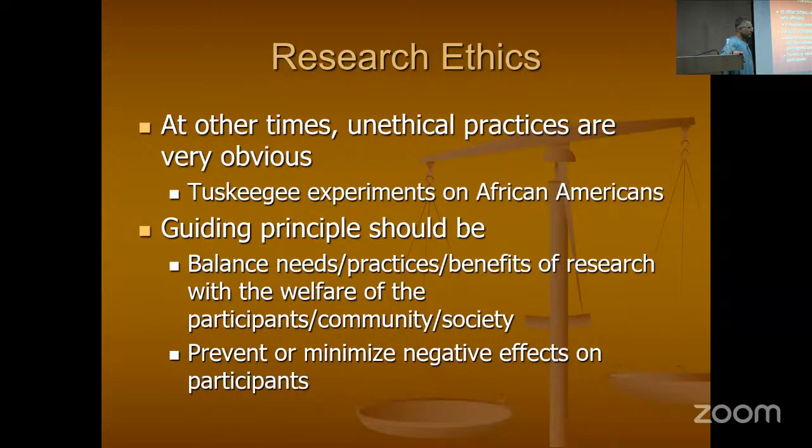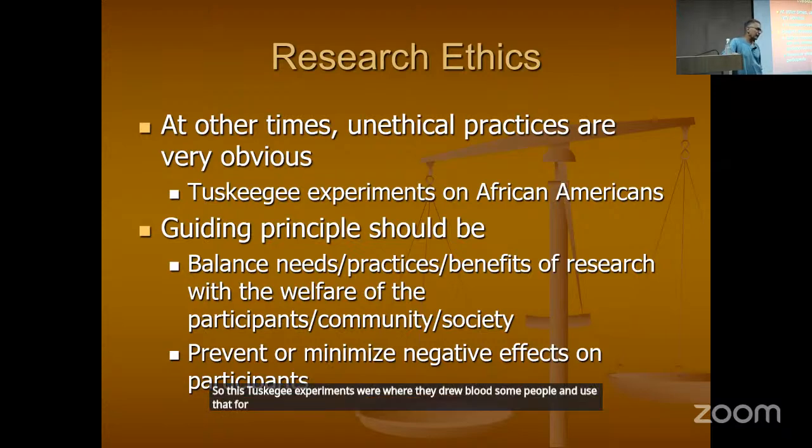So these Tuskegee experiments were where they drew blood from people and used that for unethical practices.